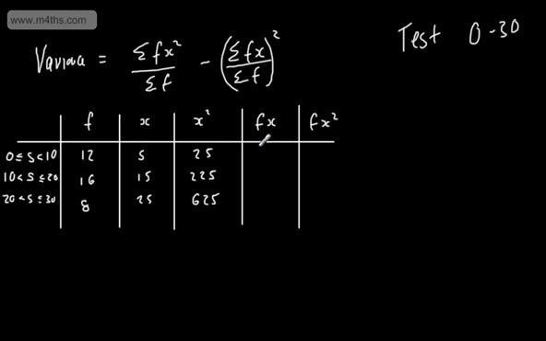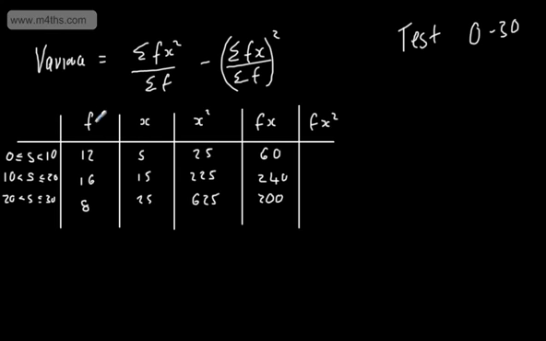If we consider fx, f times x, 5 times 12 is 60. Then we have 15 times 16, which is 240, and then 8 times 25, which is 200. Sorry, we're doing this one, aren't we? 12 times 25.